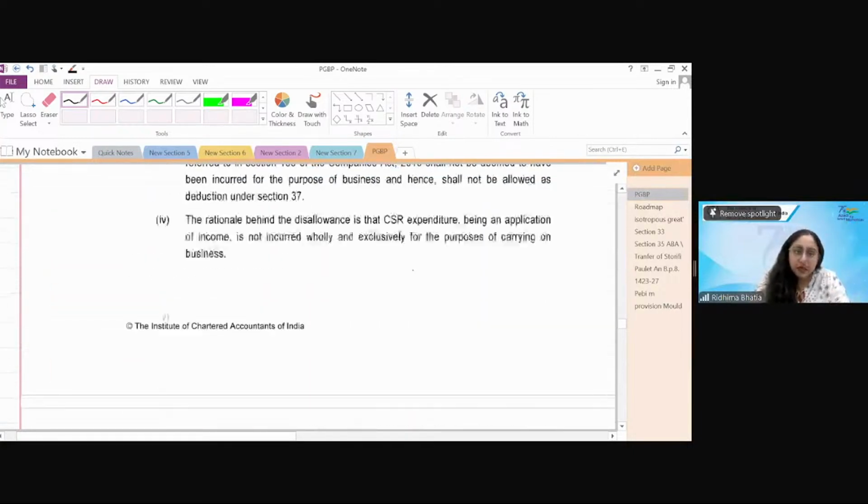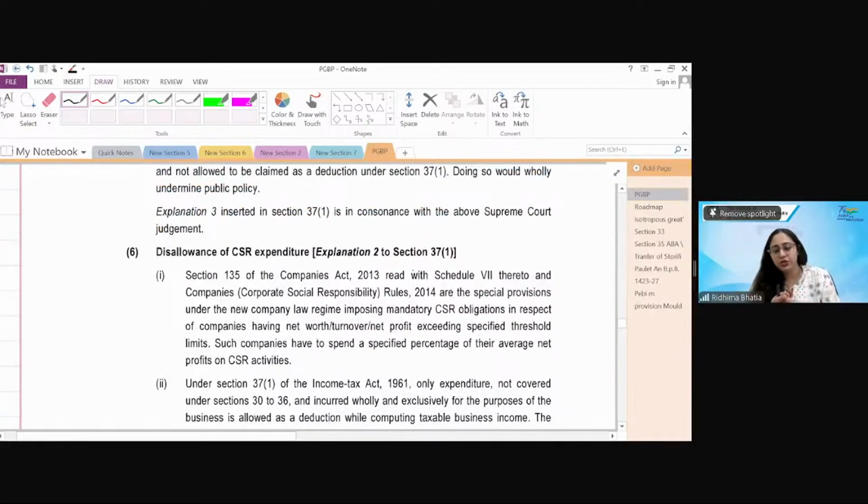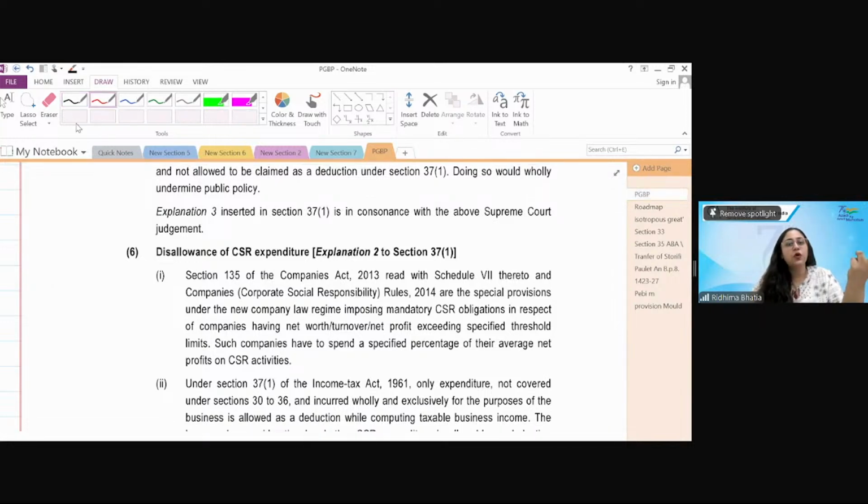Another clear explanation inserted in your section 37 is for CSR expenditure. Companies have to do certain expenditure as per section 135. If they cross a certain turnover, they have to divert certain amount of their profits for the social welfare, which is called corporate social responsibility, right? Suppose a company is spending 10 crores every year towards corporate social responsibility.